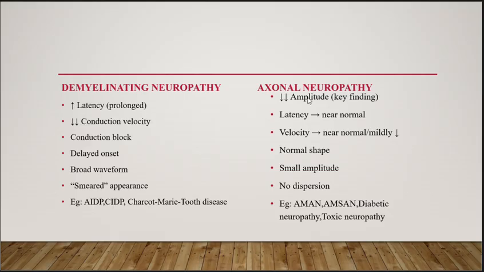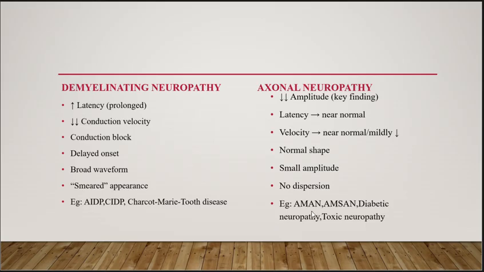Whereas in the axonal pattern, the amplitude is decreased, latency can be near normal, and velocity is slow, but the normal shape of the waveform is kept and no dispersion is seen, whereas in demyelinating, temporal dispersion is seen.